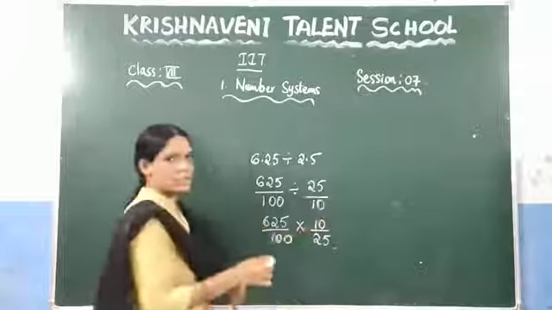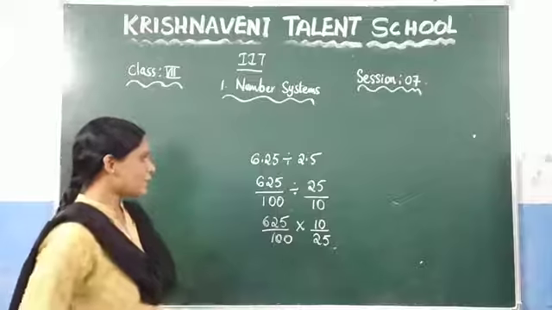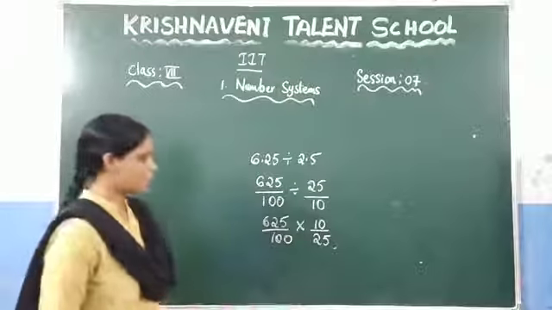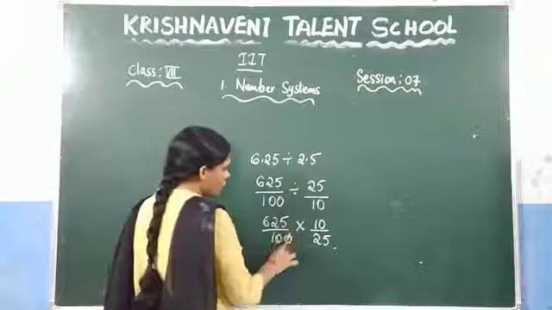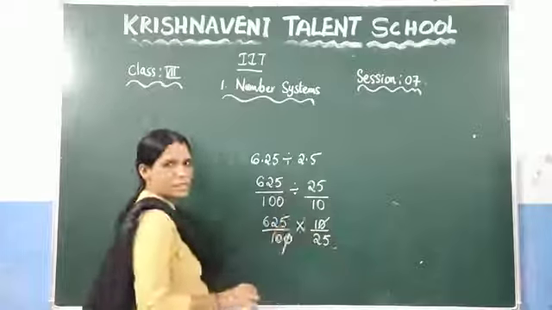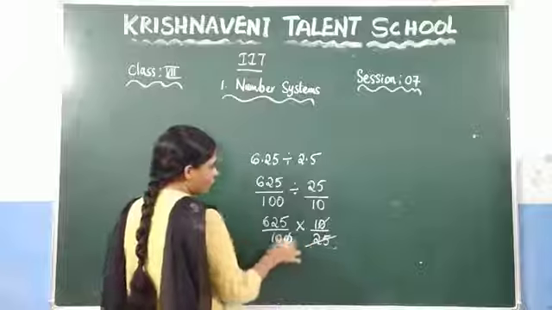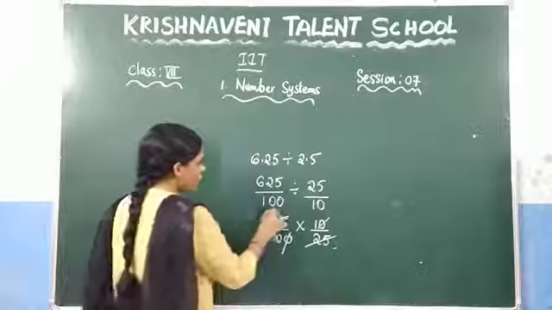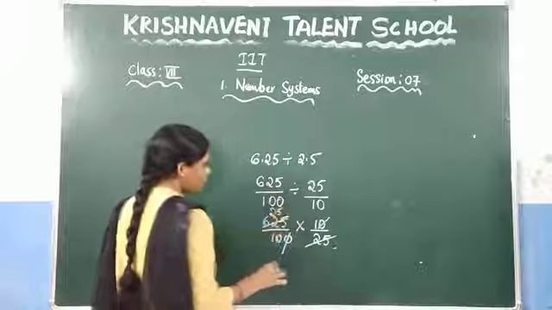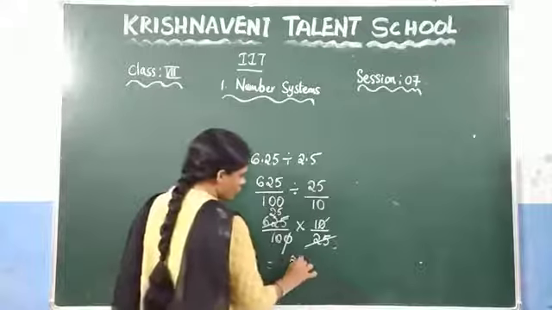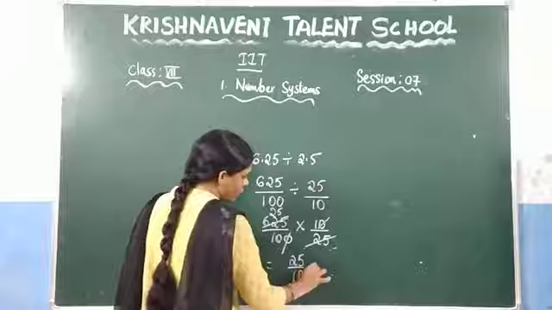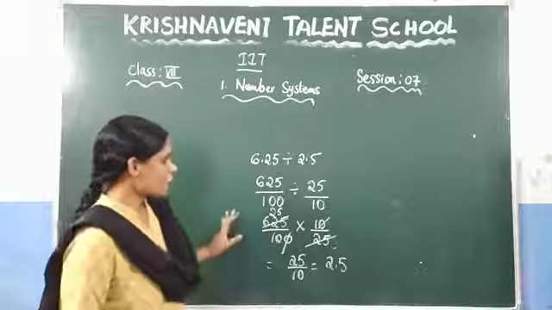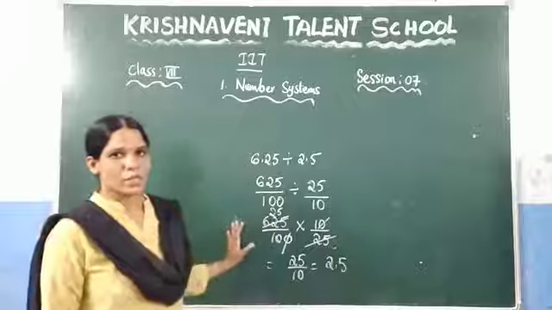We write 10 by 25 because we have changed the division into multiplication. Here the zeros will get cancelled, and 25 is 25, so you will get 25 by 10. This one you can write as 2.5. Like this you need to divide two decimal numbers.